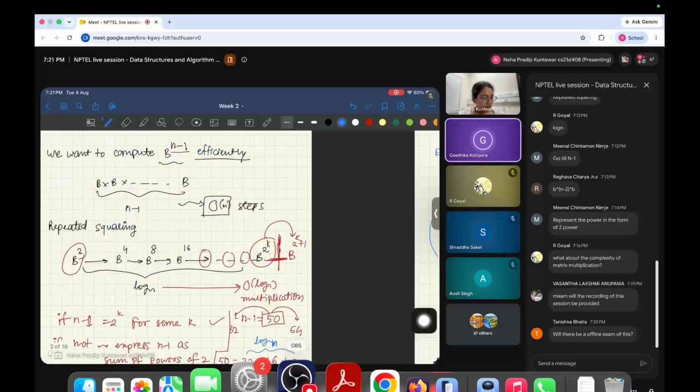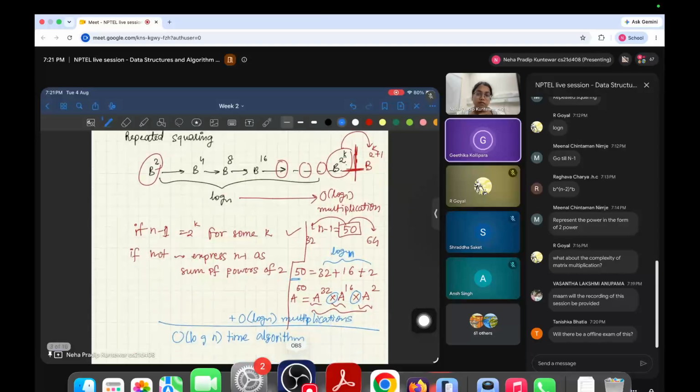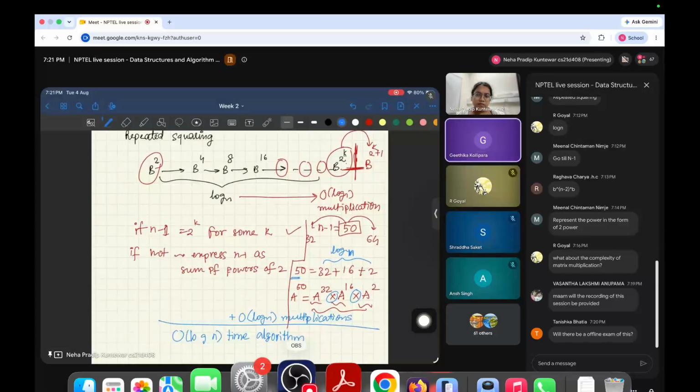Like we can't add or multiply so many powers like that. What do you mean by biggest number exactly? Like n is how large? Like 50 is between 32 and 64. Any other number above 50, which is not a power of 2.